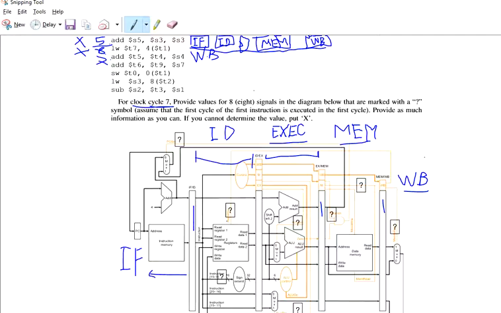Okay, all right, so let's see what the control unit is. The thing about the control unit is that whenever you're deciding what each control signal is going to be, you want to know where the control unit is coming from. For example, this control unit right here, even though it is at the instruction decode stage, is actually coming from the write back stage.